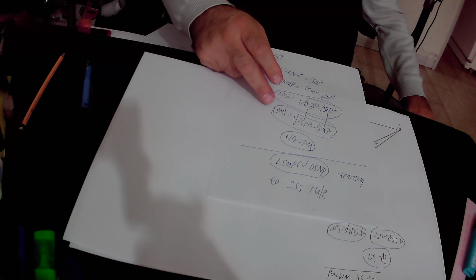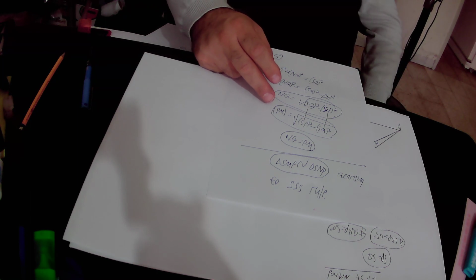That is according to the Pythagoras theorem, because both triangles are right triangles, and we derive these equalities according to the Pythagoras theorem.